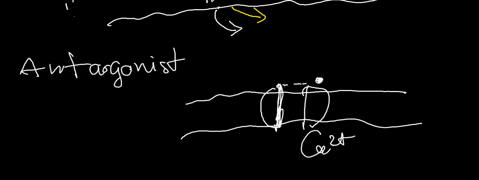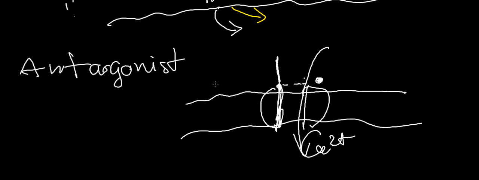So this is the closed state. If the agonist binds to the binding site on the channel, it will cause the channel to flip open, and then calcium can come in and trigger further events intracellularly.